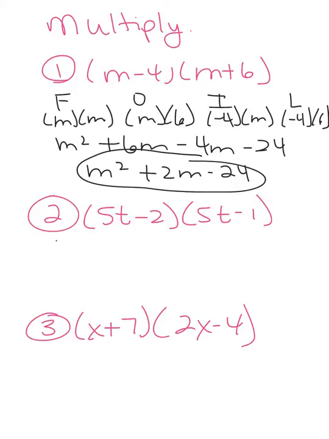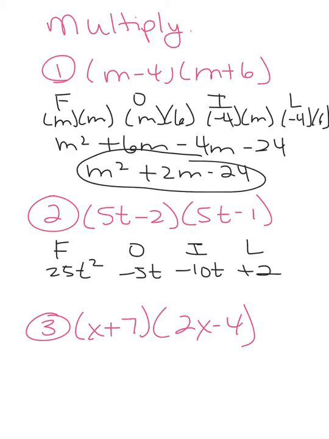With number 2, my first term is 5t times 5t, which gives me 25t squared. My outside term is 5t times negative 1, which gives me negative 5t. My inside term is negative 2 times 5t, which gives me negative 10t. And my last term is negative 2 times negative 1, which gives me positive 2.